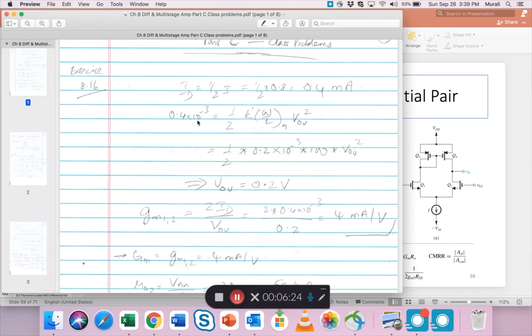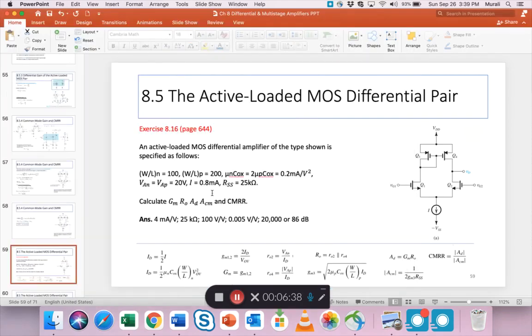So I_D also has this formula, as I just said. We are given K prime times W/L for n. This whole thing is given, right? Kn prime is 0.2 and then W/L is 100, right?